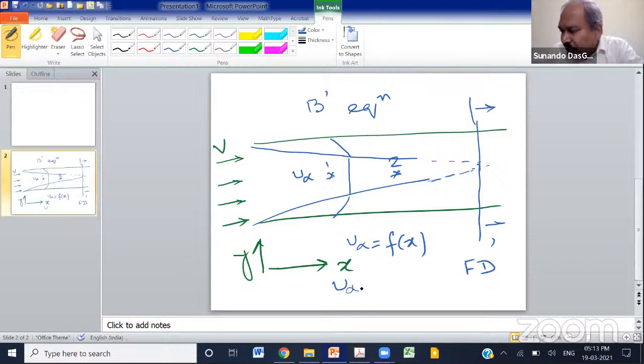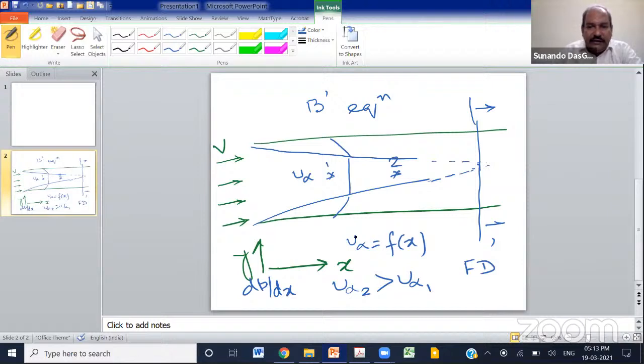Therefore, U infinity at location 2 is going to be more than U infinity at location 1, and dp/dx, that is the variation in pressure, can be obtained using Bernoulli's equation. So I think that's all I have to say about the points raised by you.